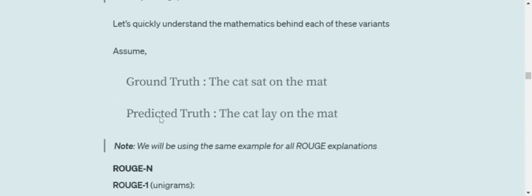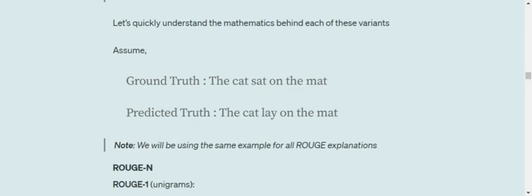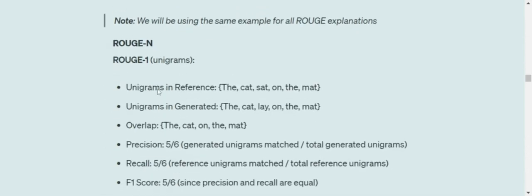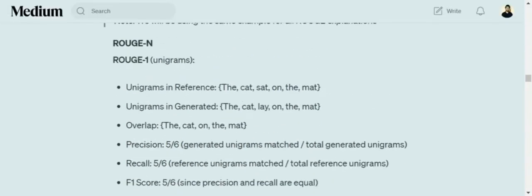Let's talk about them using an example so that it is more clear. The ground truth is the cat sat on the mat, and the predicted text is the cat lay on the mat. So there is a change of one word. ROUGE-N is nothing but matching of unigrams, very similar to the first step of BLEU that we did.